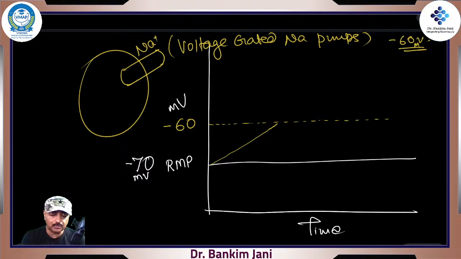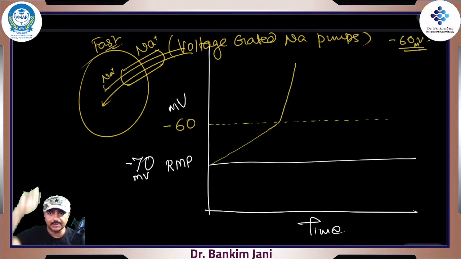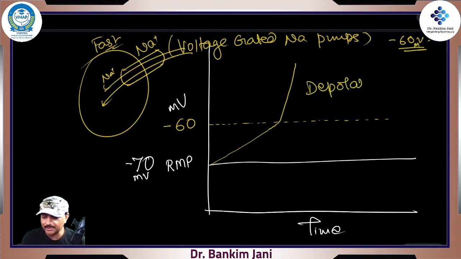As these pumps open, what would happen? These are fast pumps. Sodium will start gushing in. It will go positive. This is going positive, so we call it depolarization. Things are going from minus to plus.